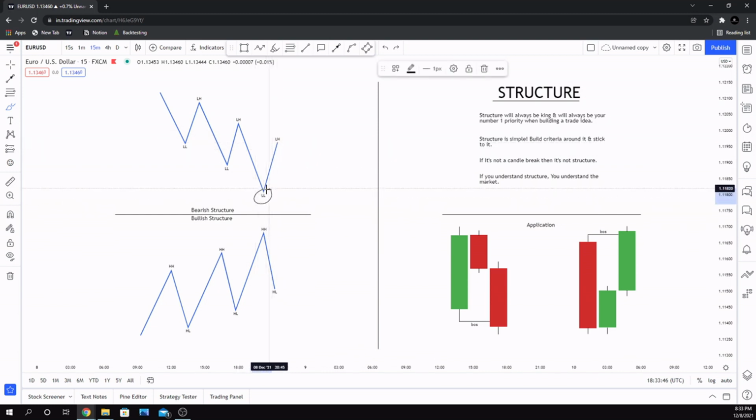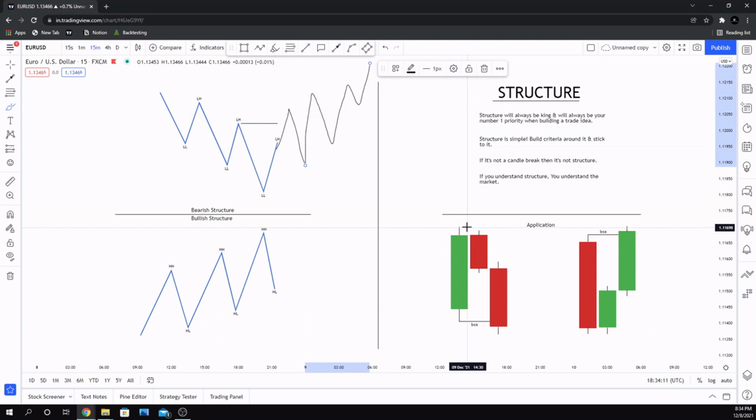If the move originated from this lower low, and we took out this lower high, we saw the follow through, and we broke this lower high. Our expectation from continuous bearish structure goes to bullish direction now. So we can see we take out the lower high. What are we expecting? Higher high, higher low, higher high, higher low. We're now expecting a bullish trend.